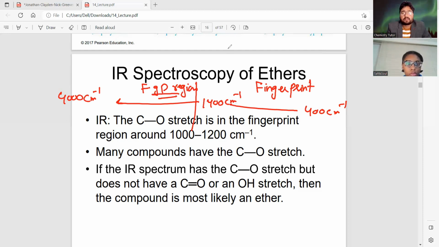So the carbon-oxygen stretching frequency of ethers appears in the range of 1000 to 1200 centimeter inverse, in the fingerprint region.